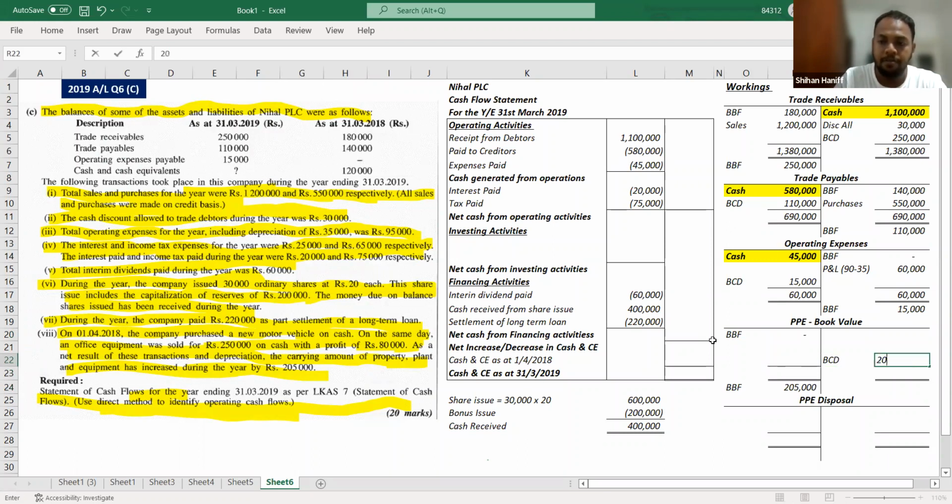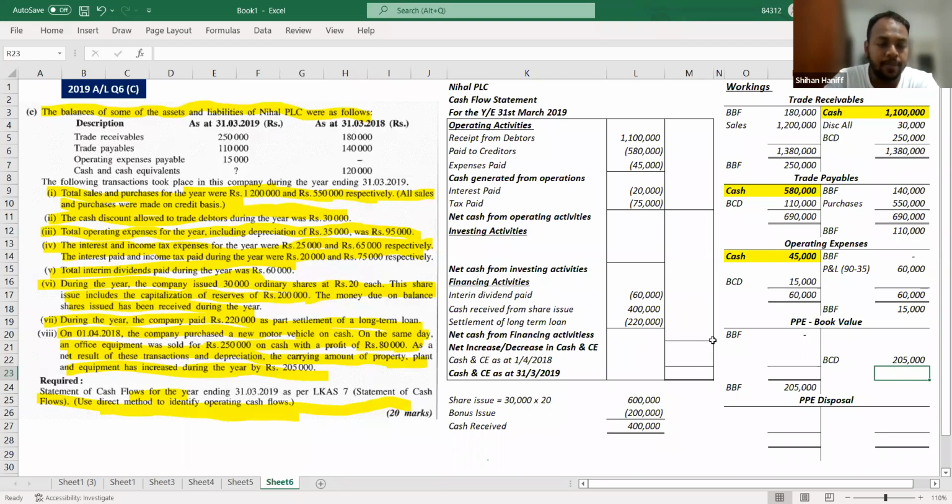Even you can assume any amount. Let's say 1 million is the opening balance, closing balance 1,205,000. Results will be the same. We don't know the exact amount.